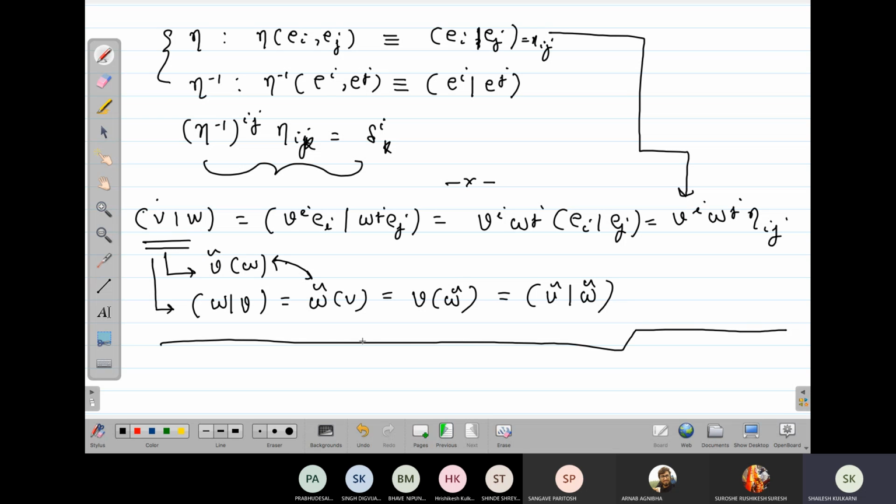So now, let me define the vector space, the 3 plus 1 dimensional Minkowski space.